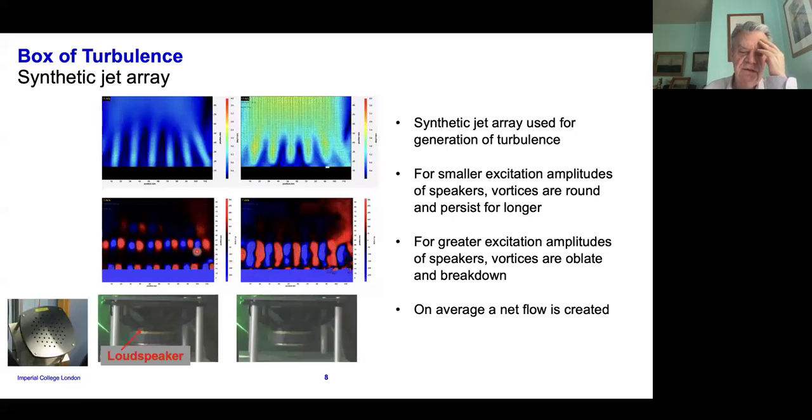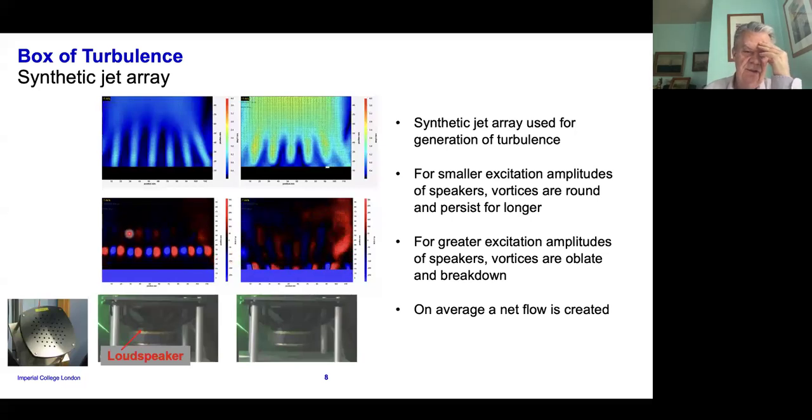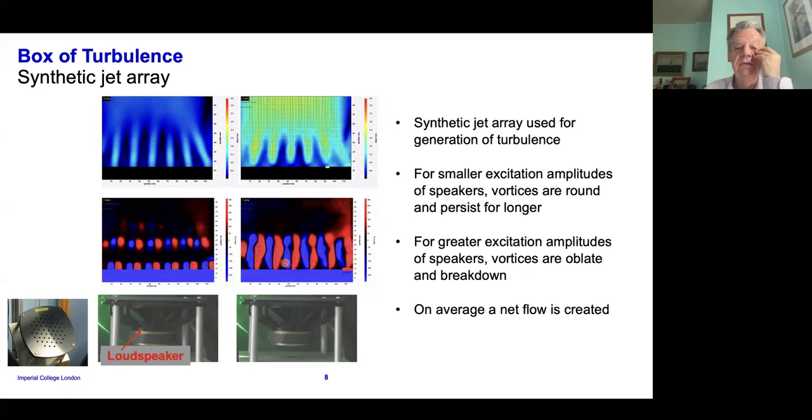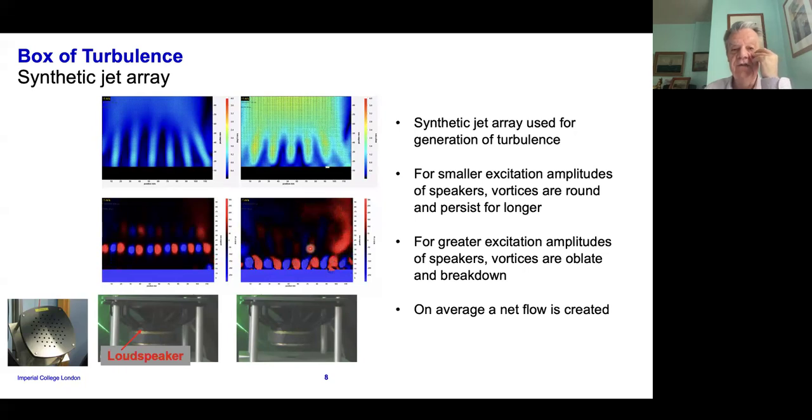So you expect to get, say, vortex rings on the left out of each of these jets. But eventually, as you increase the amplitude, you start getting more elongated structures.